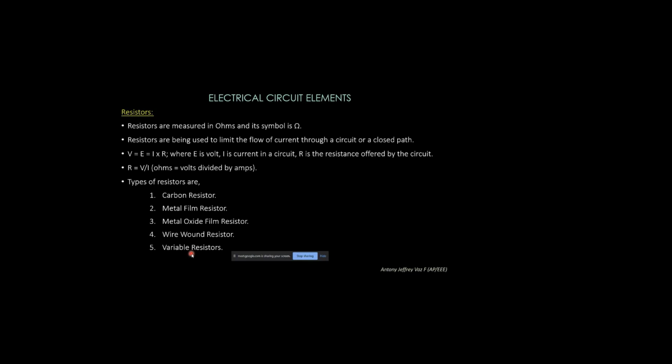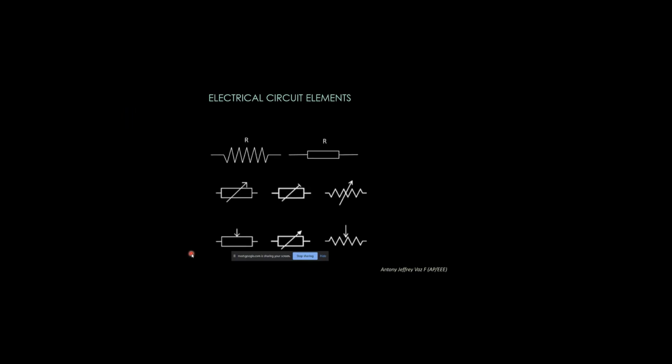Okay, let's see with the neat figures. This is the symbol of a fixed resistor and a variable resistor. You can see this is the symbol of a fixed resistor and this is also a symbol of a fixed resistor. And these symbols denote variable resistances. A fixed resistor has two terminals.